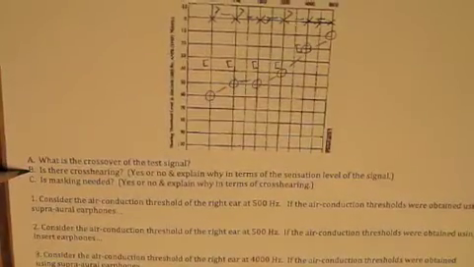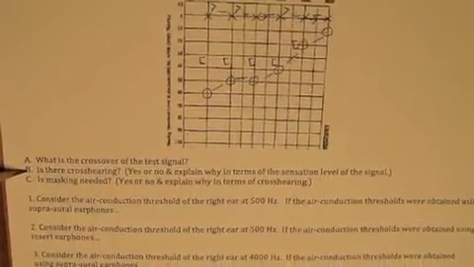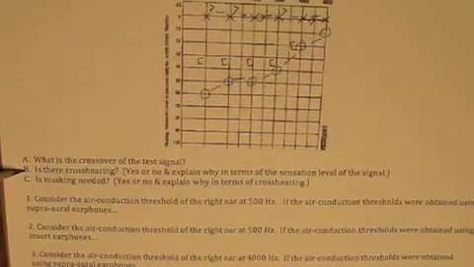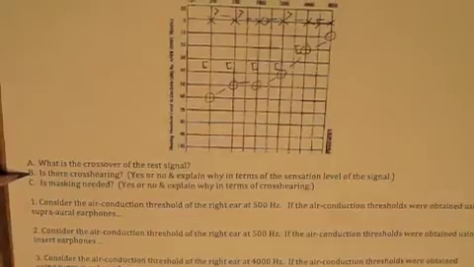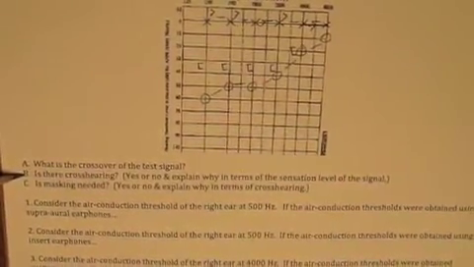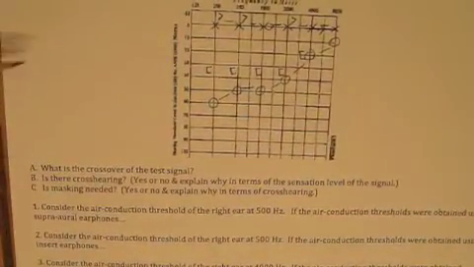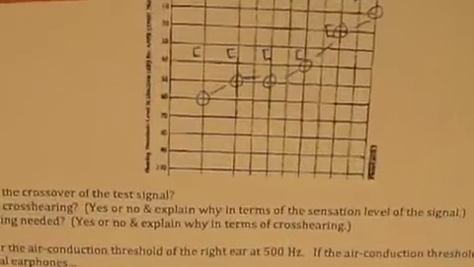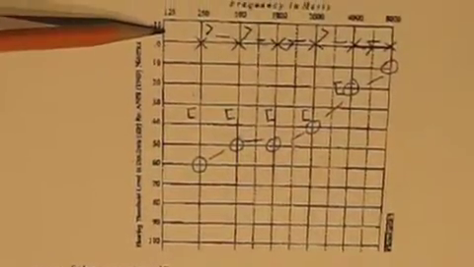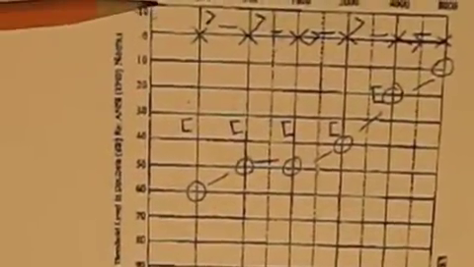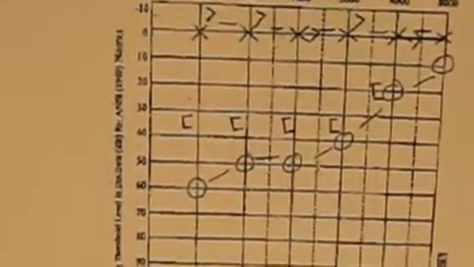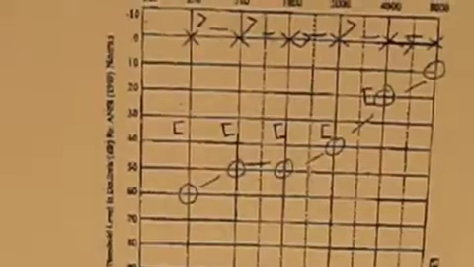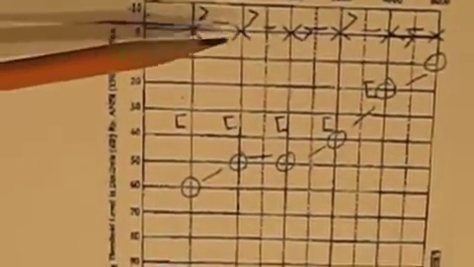Now part B asks whether or not there's cross-hearing. Well, the level of the signal being delivered to the cochlea of the non-test ear is 10 dBHL. We have to think about what the sensation level of that would be, and in order to do that, look at what the threshold is of the cochlea in the left ear at 500 Hertz.